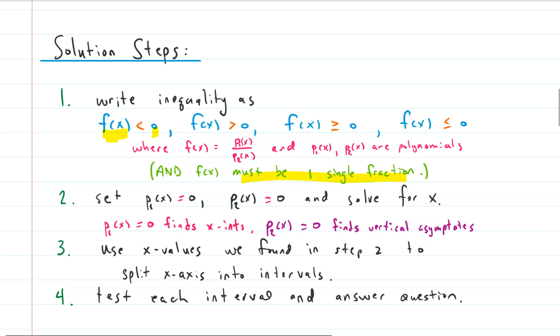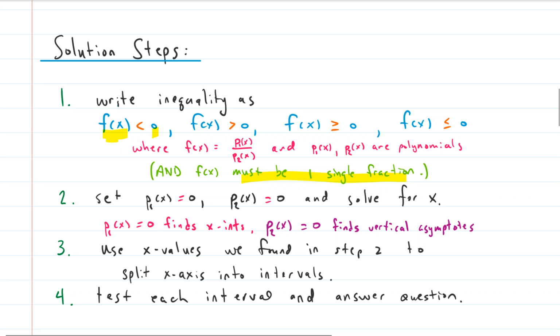If that's the case, you've got to get them into one single fraction first, and then get them to one side of the inequality and have 0 on the other. I prefer to take my function to the left and have the 0 on the right, but either way works.